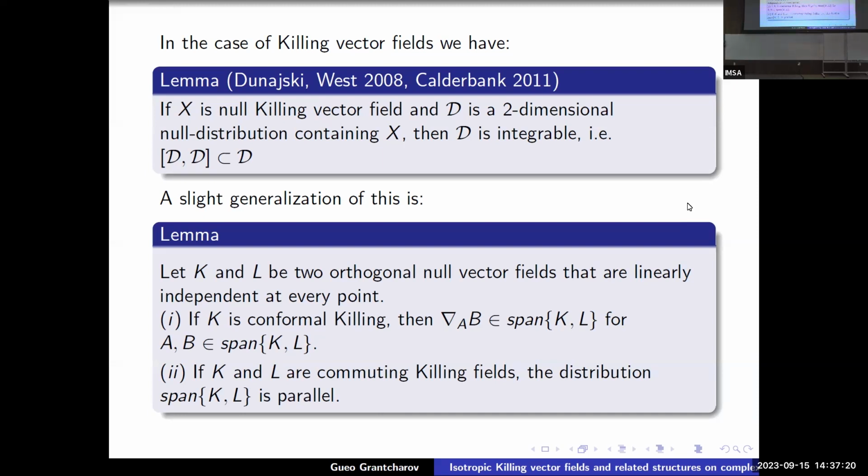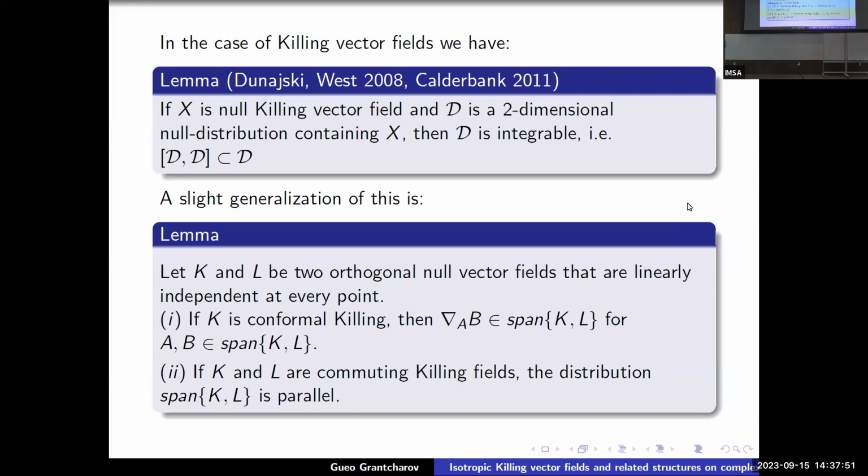And then what we observed a bit later is what happens if one has two, not one, vector fields which span this type of distribution. Of course locally you can find them, but they are not necessarily Killing. Locally, you can find such vector fields, but the idea is for them to be Killing. Here it is Killing. I mean, if one is conformally Killing, then this is happening.